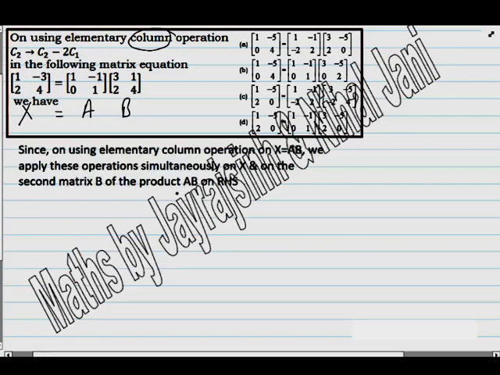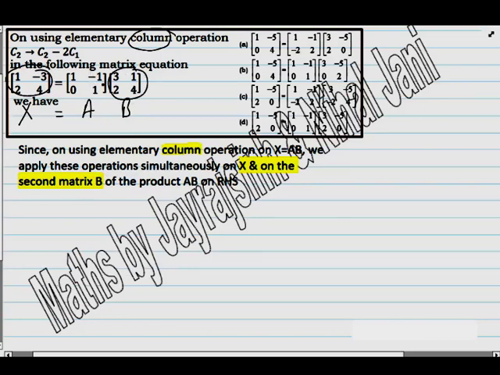Now, since we are using column operation on the X is equal to AB system, we have to remember one thing. We can apply this operation simultaneously on X and the second matrix B of the product AB on the right hand side.